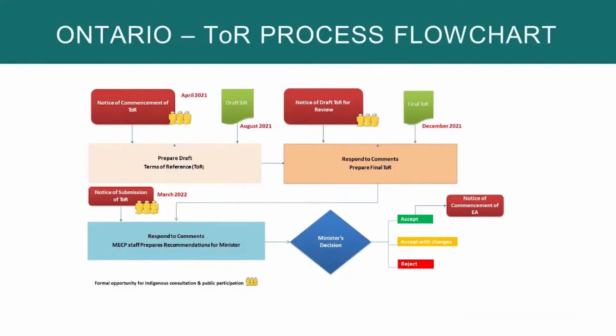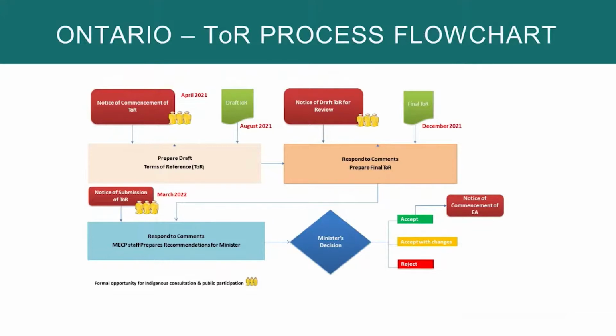So if we look now at the Ontario ToR process flowchart, while this looks very confusing, it really isn't once you start working through it, and it makes a lot of sense once you work your way through it. It starts with the notice of commencement of the terms of reference, which is a public notice indicating that this process is beginning. Then it moves to the preparation of the draft terms of reference.